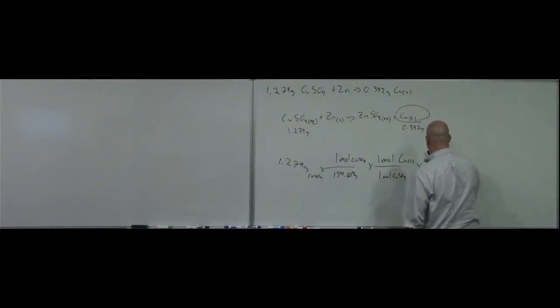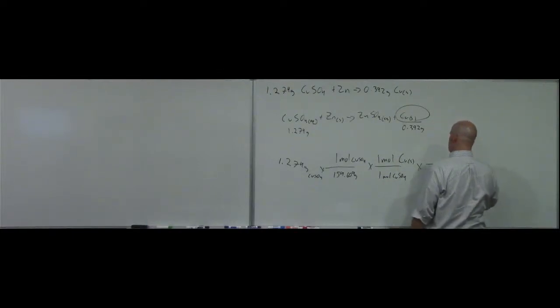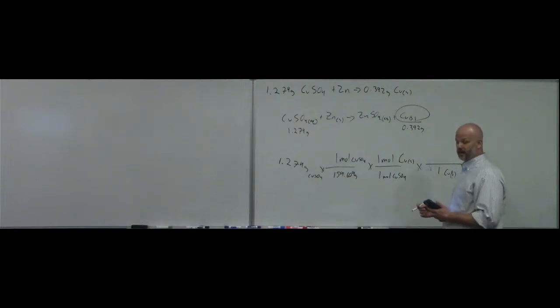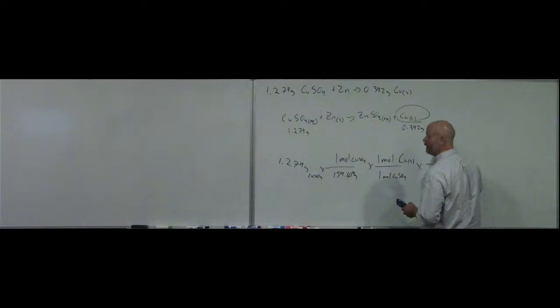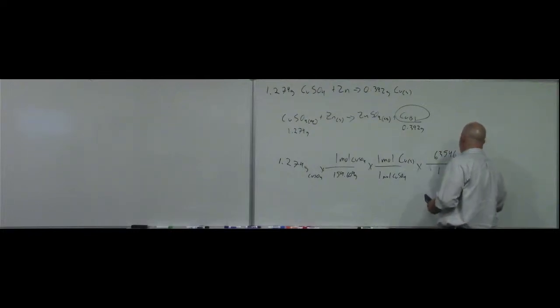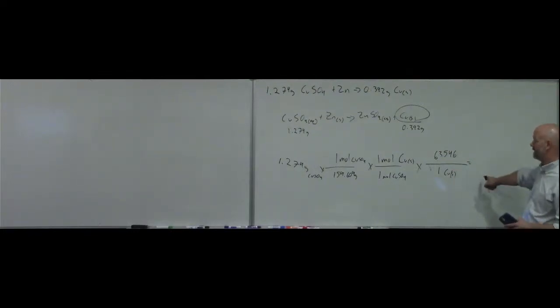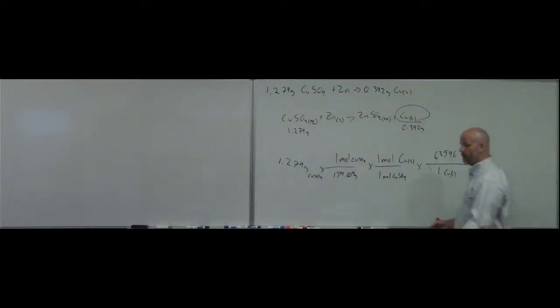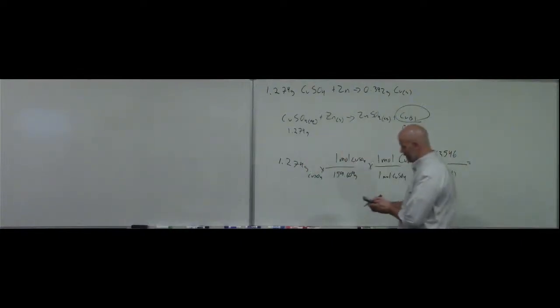So I do 1 mole of copper, solid, and I just need to know what's the formula mass for solid copper, what's the molecular weight? 63.546. So what am I going to get when I run this math? This is a 100% yield, a hypothetical yield, right? So go ahead and run your math and tell me what that number looks like.